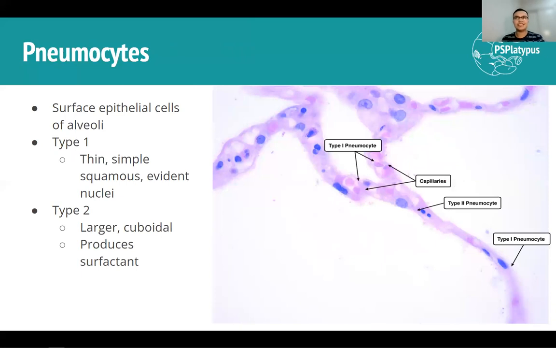Type 1 are thin, simple squamous cell types with very evident nuclei, and they are going to form one of the layers for gas exchange, whereas type 2 pneumocytes are larger cuboidal cells, which we're going to appreciate better on a diagram later on, and they produce surfactant, which is their primary role.